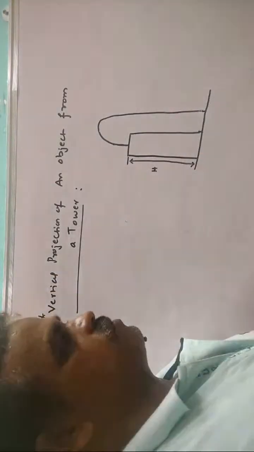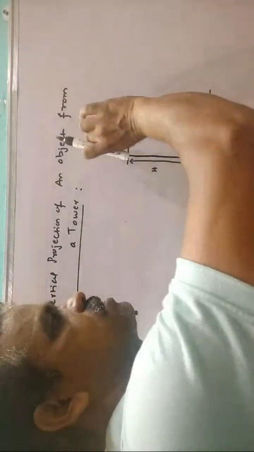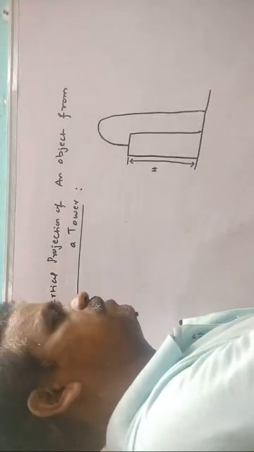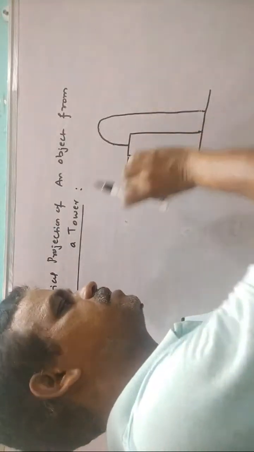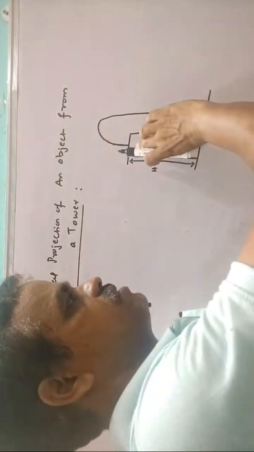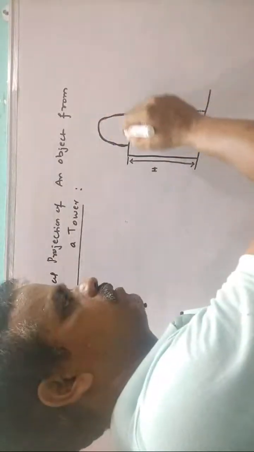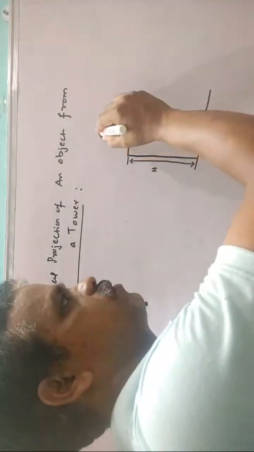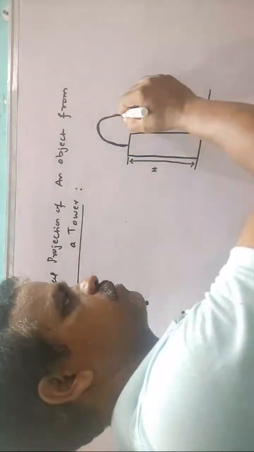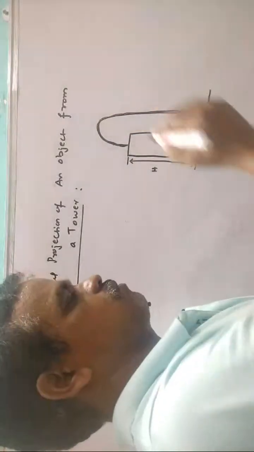So this is the path of the motion of the body when we projected from a tower which has height h. From that position we projected a body vertically up. Then it goes to the maximum height point, then comes to the ground.